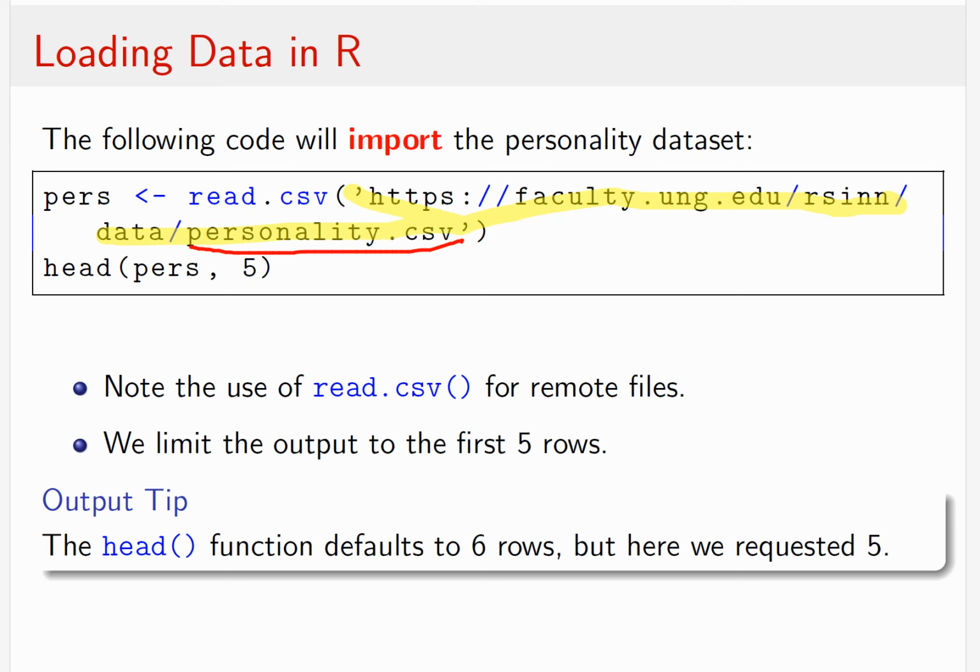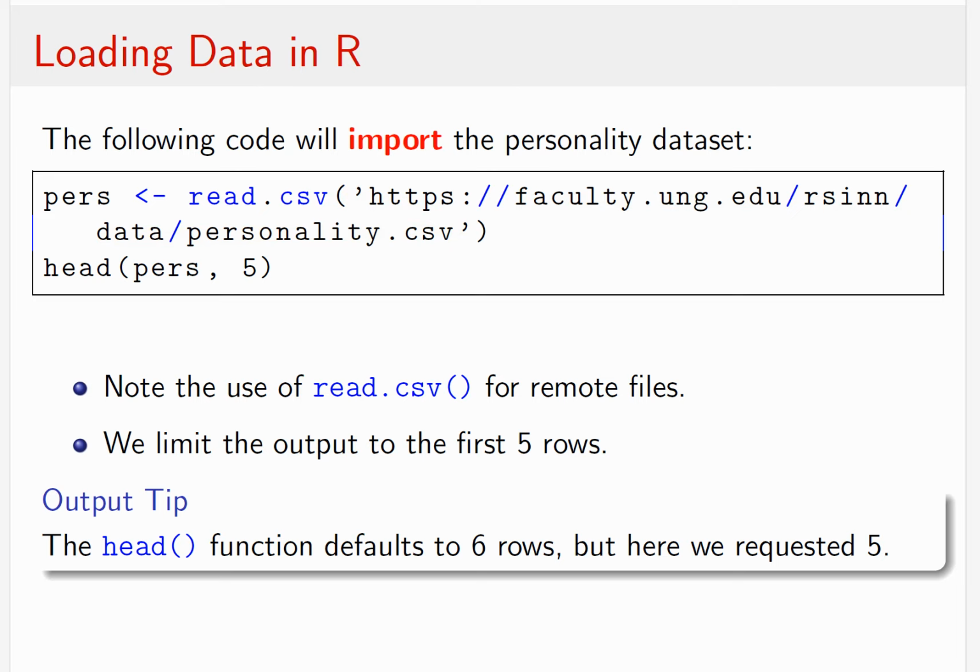Again, if the data file is in the same folder as the notebook, you can just put read.csv and the name of the file in quotation marks. All right. For this class, I tend to use my faculty webpage as a place to store things.